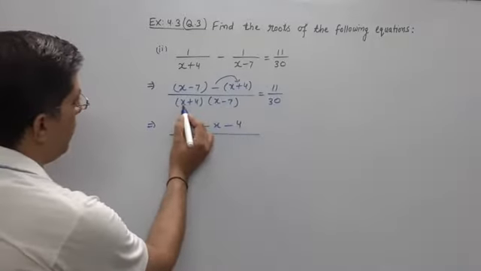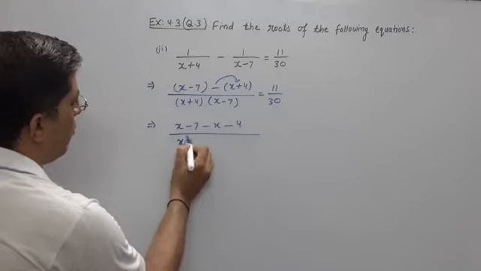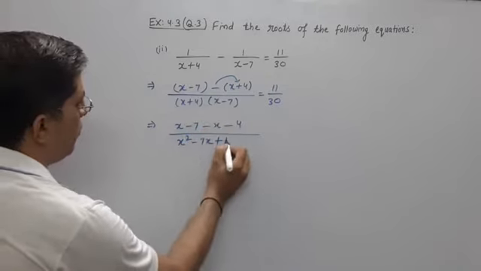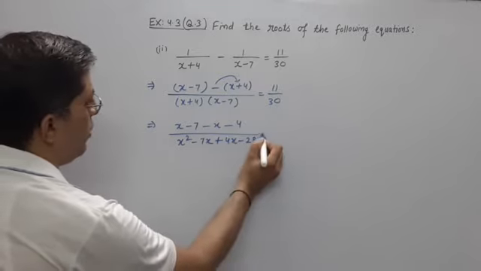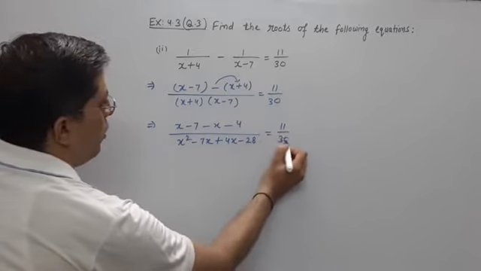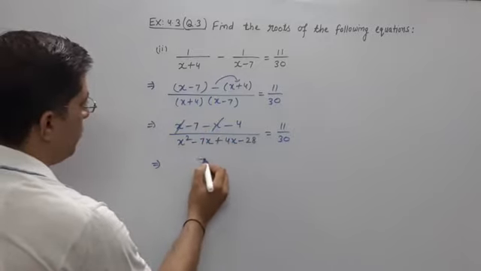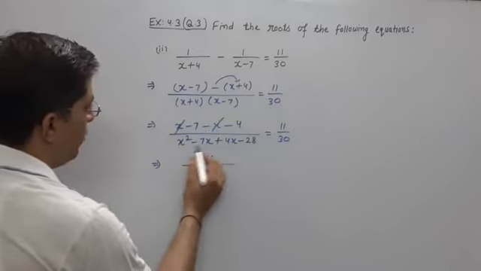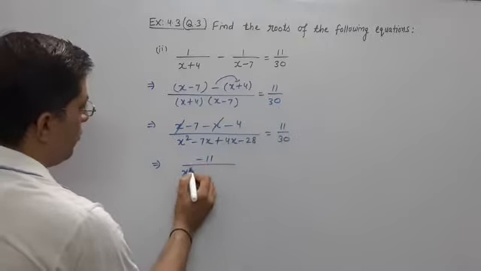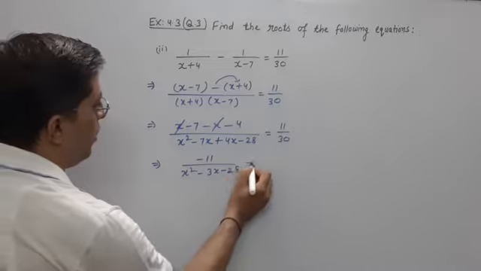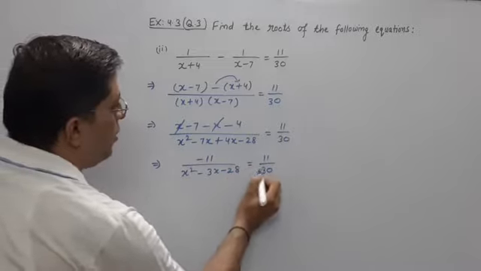This is simple multiplication. X into x, x square minus 7x plus 4x minus 28 is equal to 11 upon 30, minus 10 plus, this will cut. This is minus 11 here, and this is what? X square minus 3x minus 28 is equal to 11 upon 30.